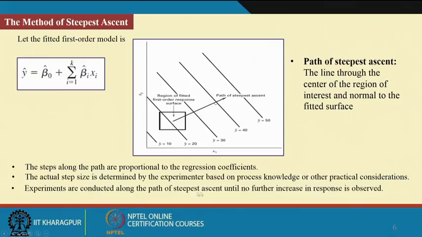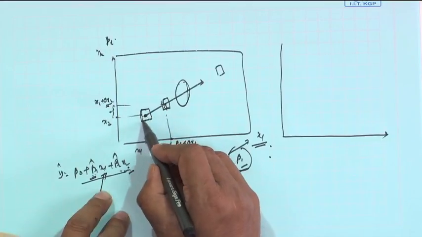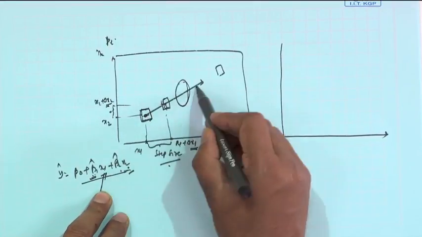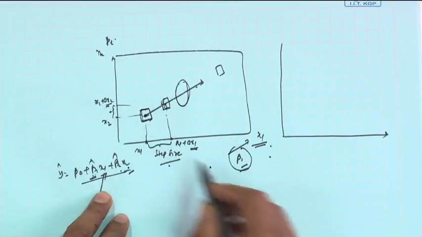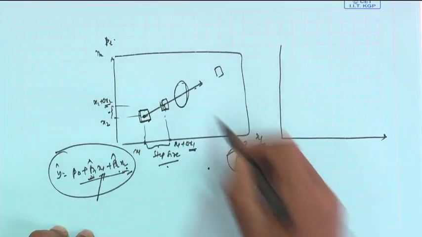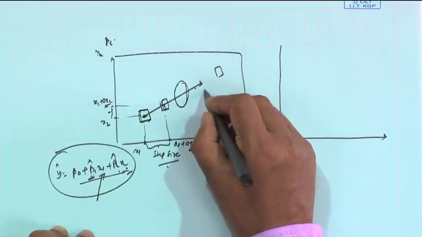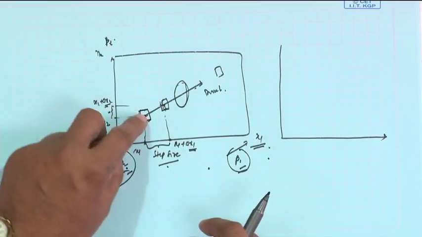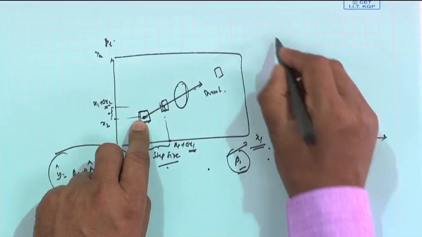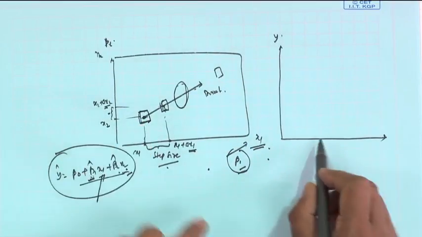Experiments are conducted along the path of steepest ascent until no further increase in response is observed. What does it mean? Suppose your current operating zone is this, and you got the regression surface, and from the contour you know the direction. Here you conducted an experiment and got the response value y.